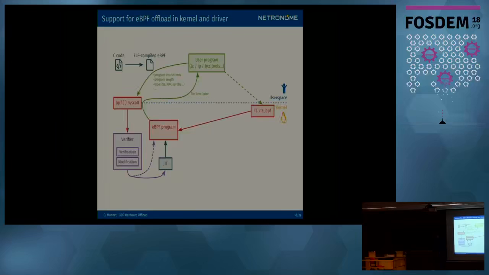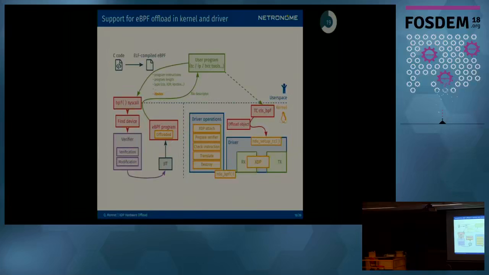Now, if we want to offload programs, there is some additional work to perform at the driver level. In particular, we have a number of operations here that are exposed by the driver. So, for example, to attach programs, to prepare the verifier, and so on. And also to make sure that the kernel knows that this program is offloaded.